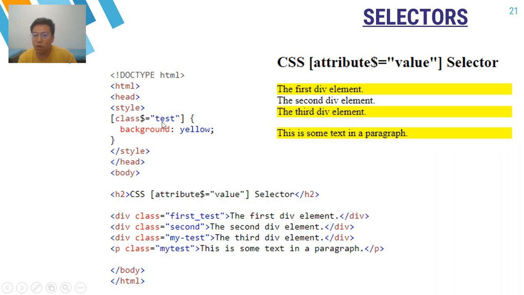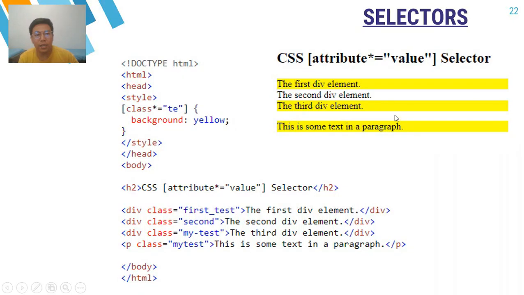It means all of the last words which have the value test will have a background color yellow. So the HTML elements which will have the background color yellow will be first test, my test, and my test. And then the word second will not have a background color, because it doesn't have the word test as the last word.